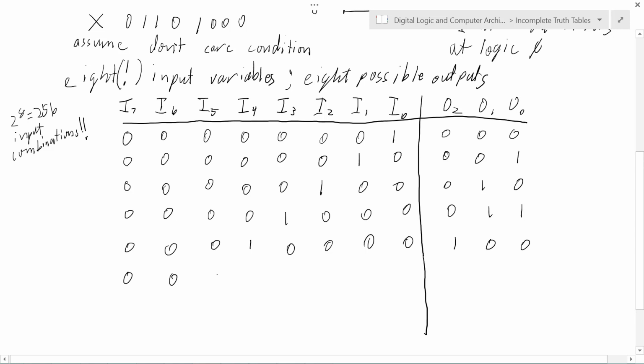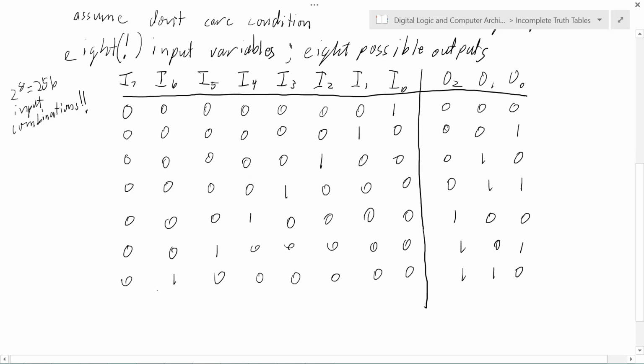Input 5 corresponds to 1, 0, 1 in binary. Input 6, 1, 1, 0 in binary. And then input 7 corresponds to 1, 1, 1 in binary.